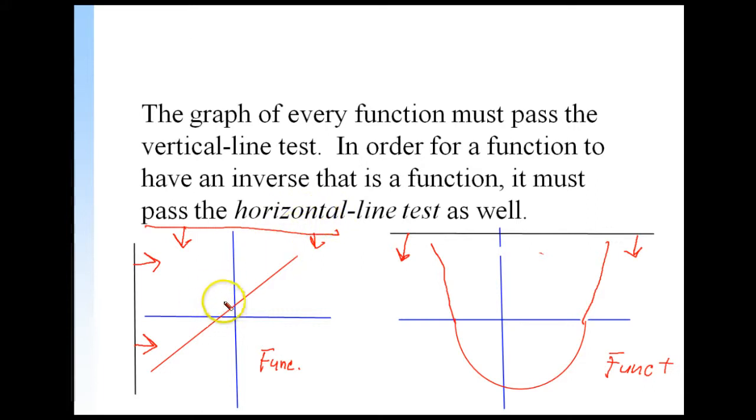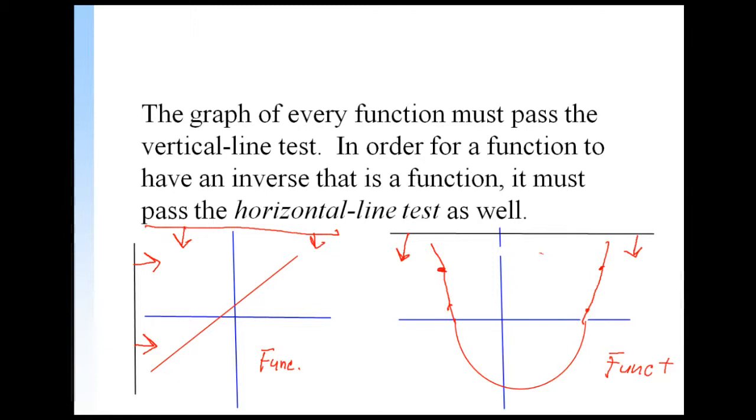So its inverse is also a function and is a one-to-one relation. But how about this parabola? As this horizontal line comes down, it's going to intersect there and there and there and there. It does not pass the horizontal line test. So its inverse is not a one-to-one relation.